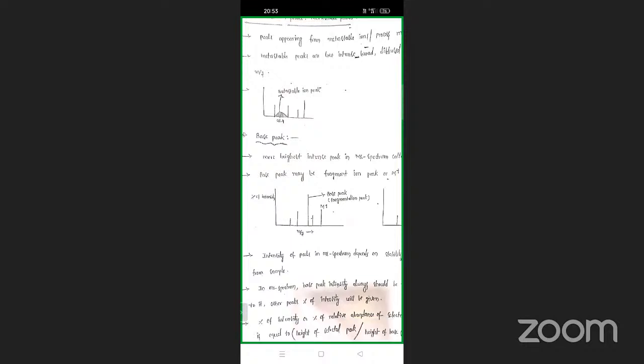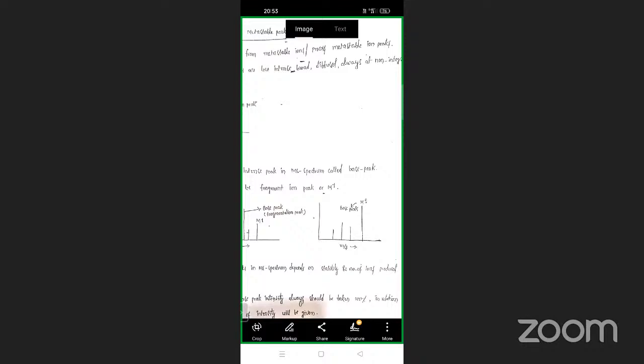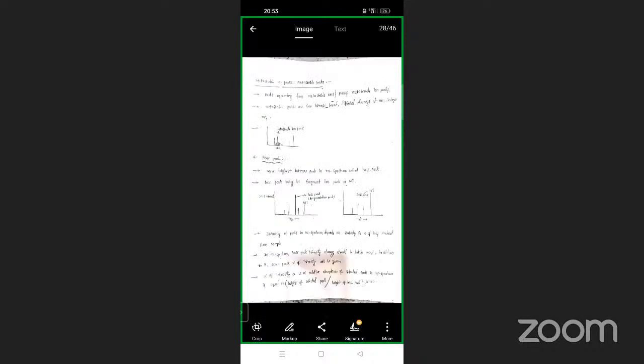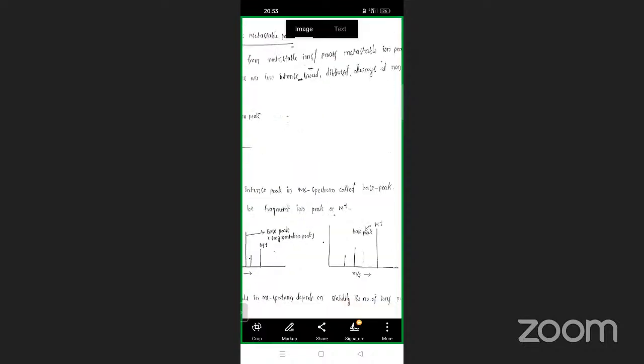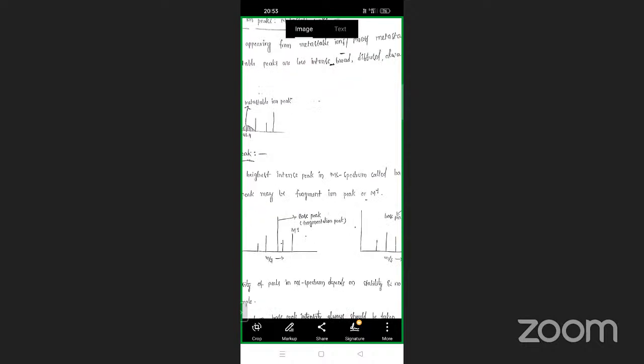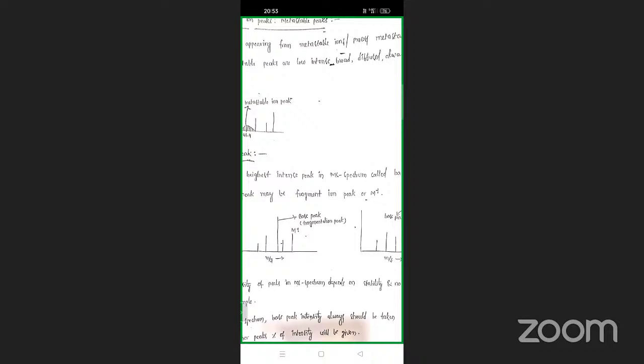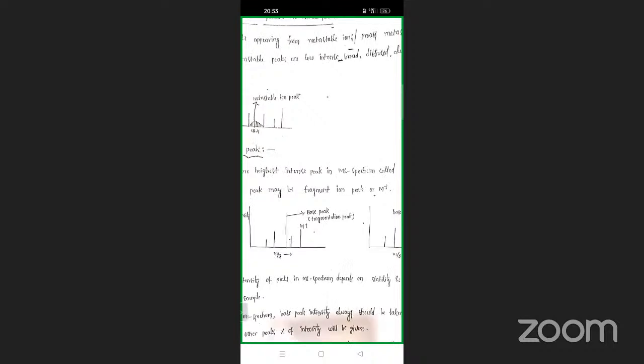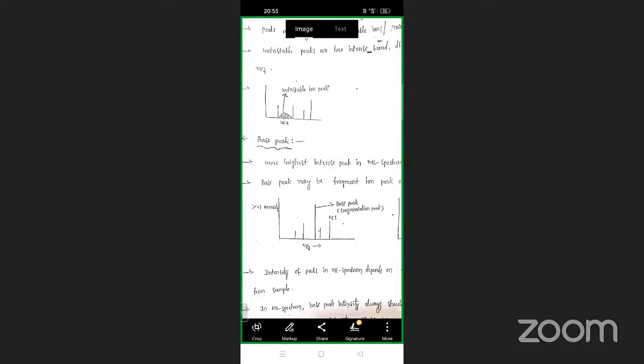And it is calculated as the difference of M plus 4 minus M plus 2, divided by 2. So the difference of the two isotopic peaks is called the metastable ion peak.